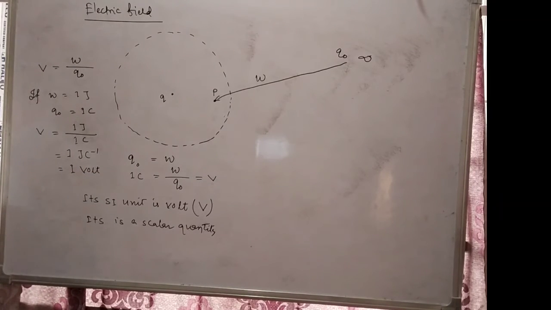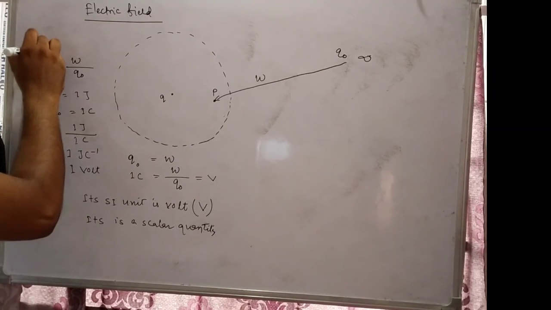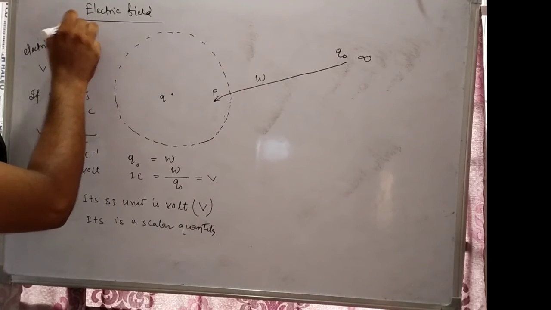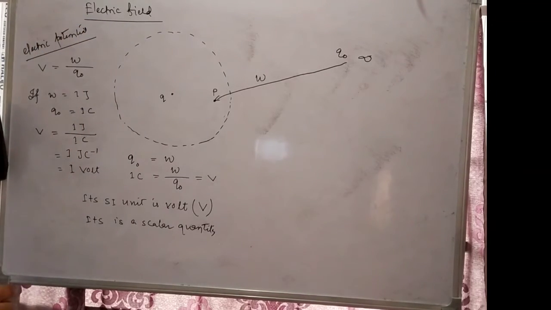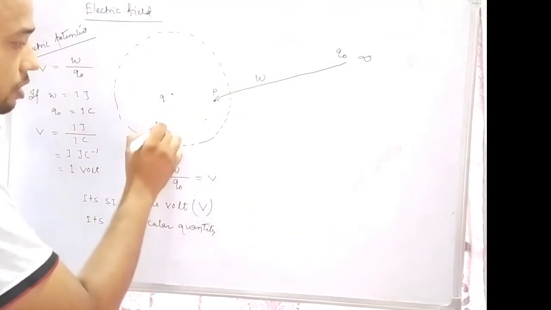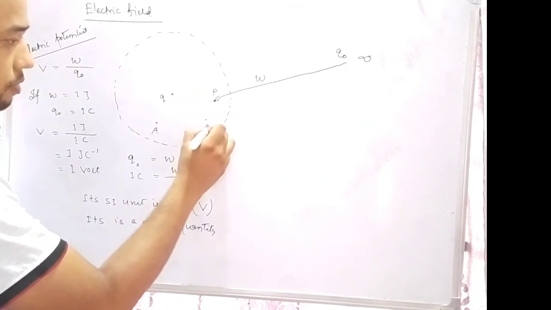Okay, so next, electric potential difference. This was electric potential. Now for electric potential difference we have to consider 2 points in the electric field.